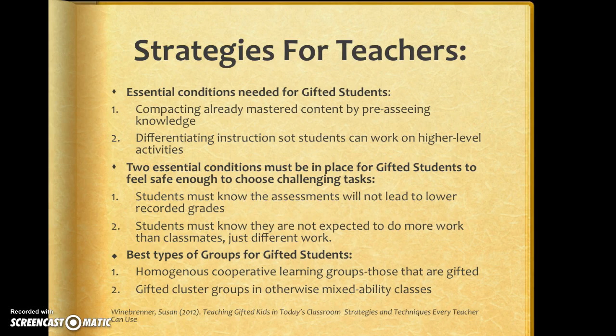And then gifted cluster groups and otherwise mixed ability classes. What that means is instead of being mixed with a spectrum of students, lower level to higher level, they would be placed in a class where there are higher level students or those that are more gifted, so that the teacher can focus on those needs and they won't feel left out, or the focus won't be so much on those students that are lower level, that are underachievers, that need more of the differentiating and the scaffolding.